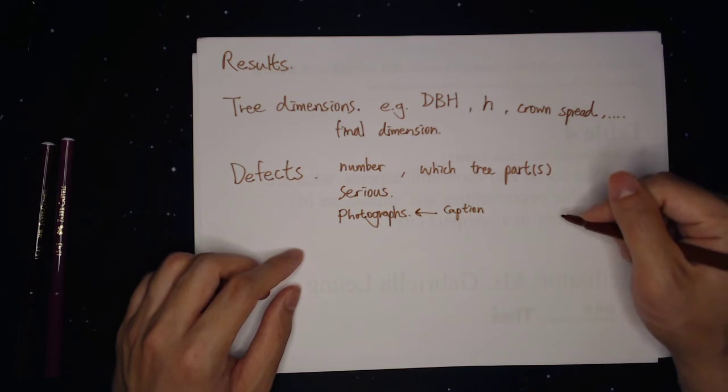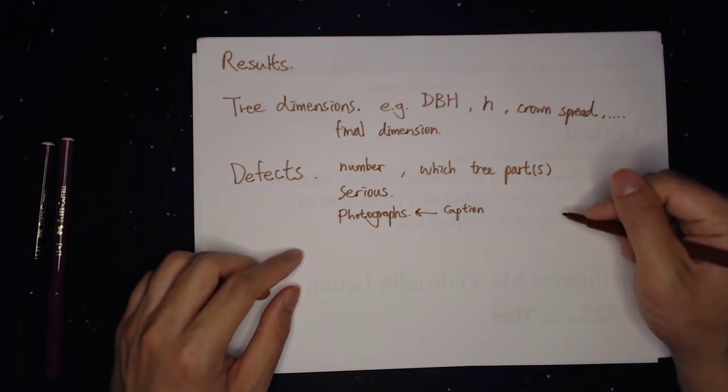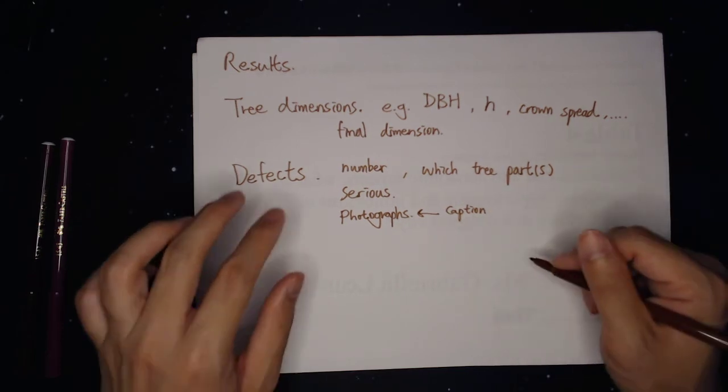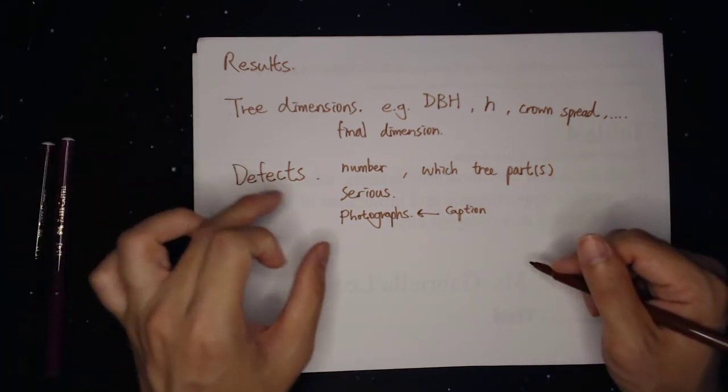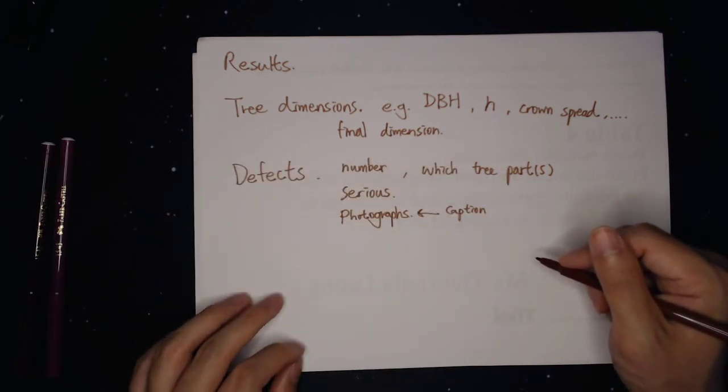Try to describe things in the photographs. You can annotate your photographs, draw some arrows, insert some text, so you can make the information clear. So, all these are about defects.